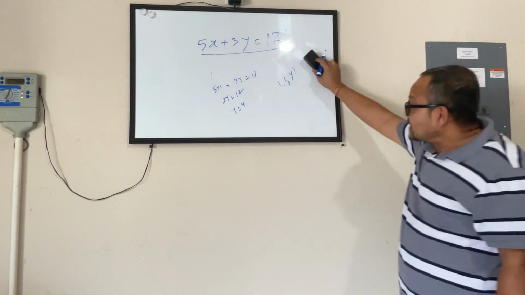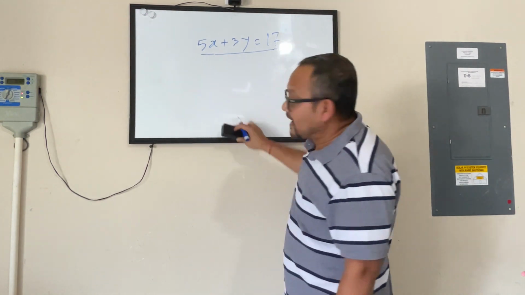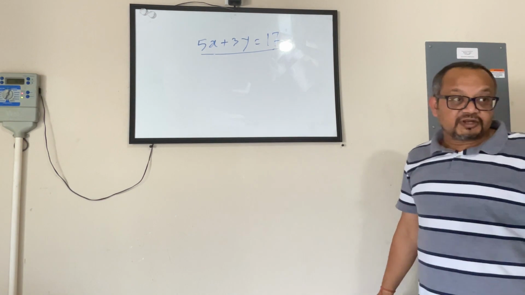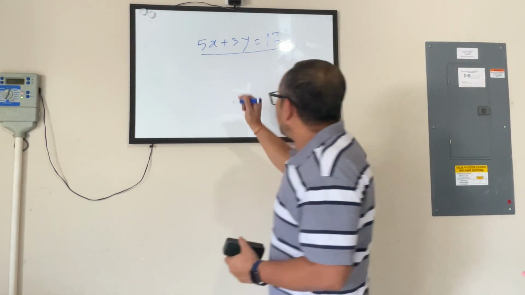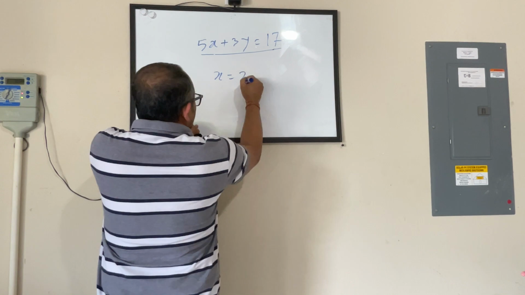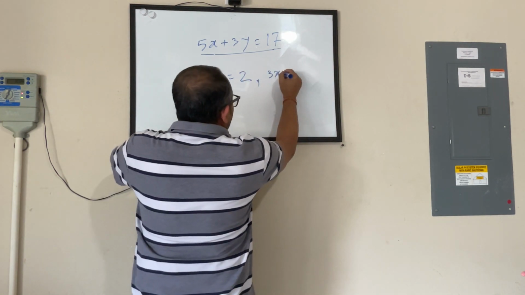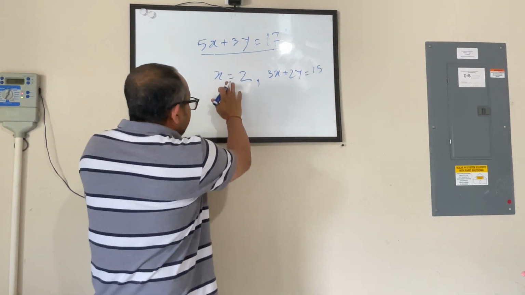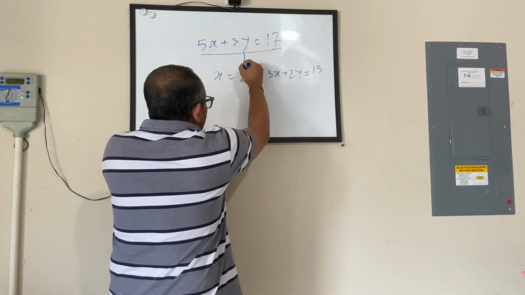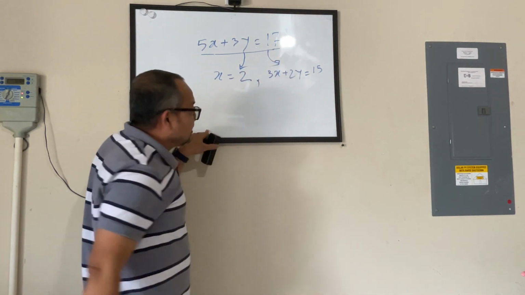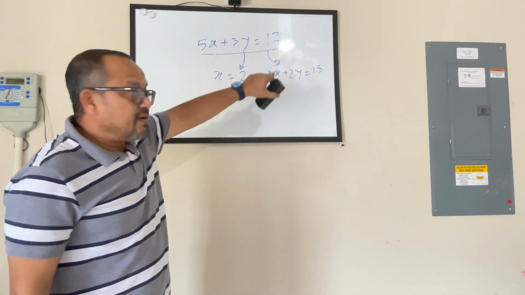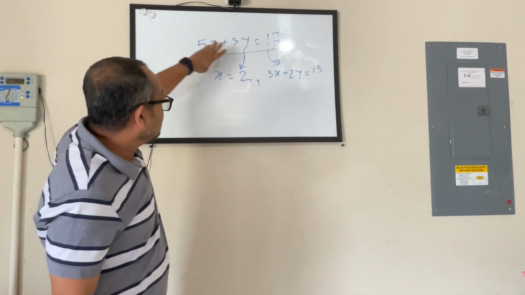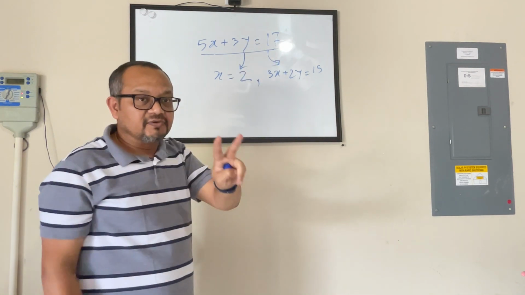So to get the exact answer, you would need as many equations as variables. If you have to solve for two variables, you would need two equations. So if you have, let's say, x equals 2, or you have 3x plus 2y equals 15, in both cases you will be able to solve. The simple interpretation from this is, if you have two equations, you'll be able to solve for two variables.